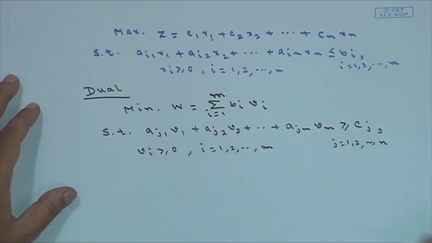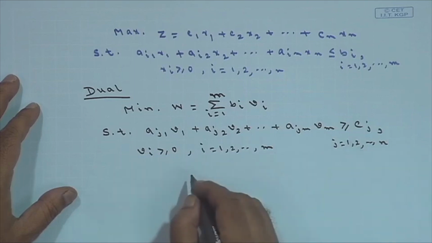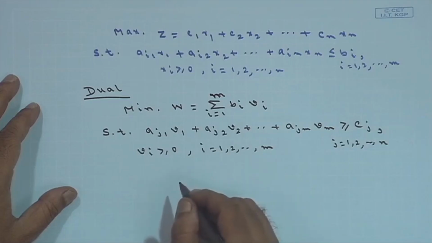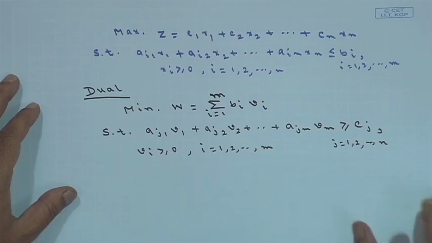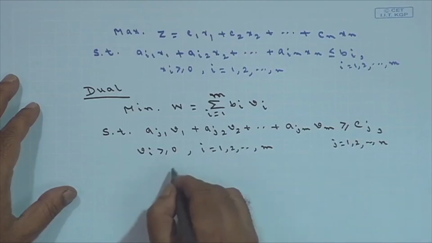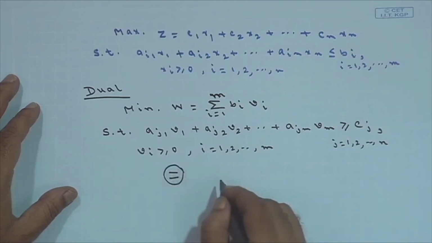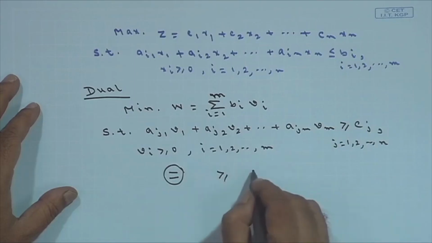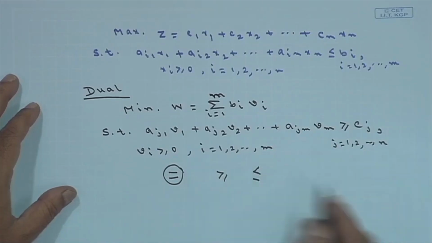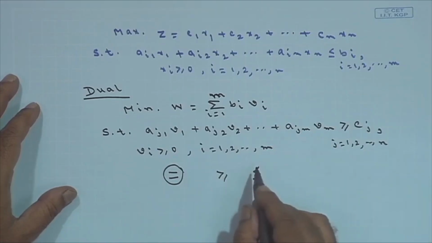So, if the constraints are of inequality type, you can always convert them as usual by changing greater than or equal into less than or equal. Or if you have an equality type, you can convert it into two inequalities, one with greater than or equal and another with less than or equal, which we have discussed.